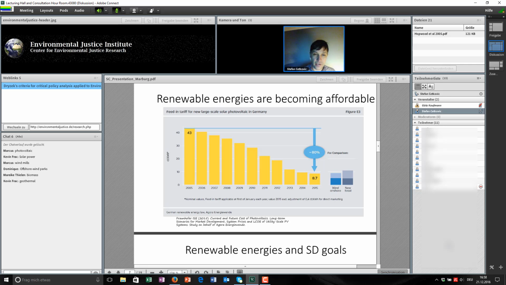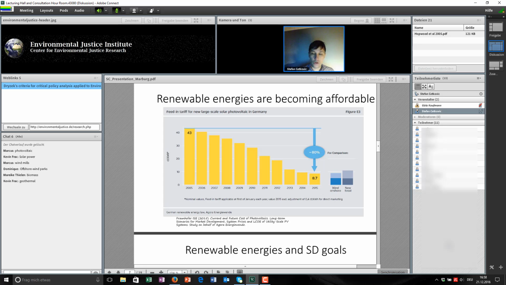And in 2005, this amount of money was 43 cents per kilowatt hour. So every kilowatt hour produced by solar power plants was charged 43 euro cents. This was 12 years ago or 11 years ago. In 2015, so 10 years after, this price dropped to 8.7 cents per kilowatt hour.